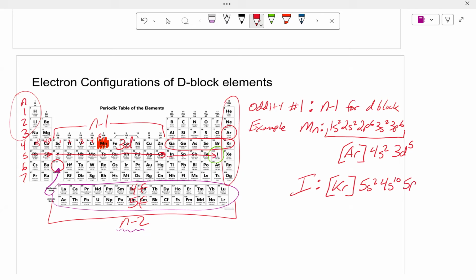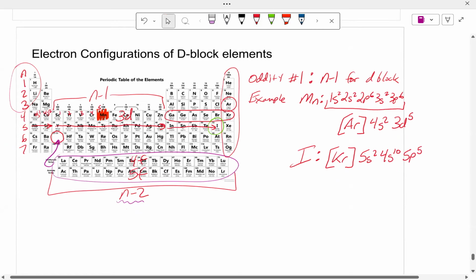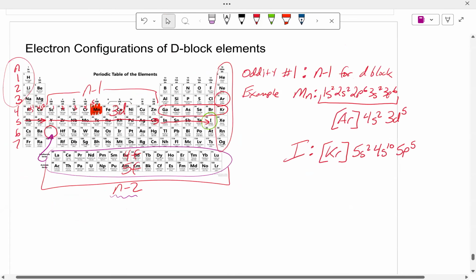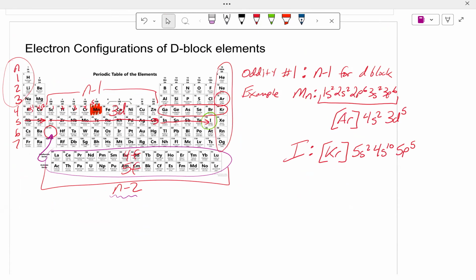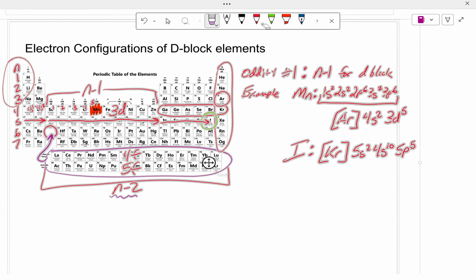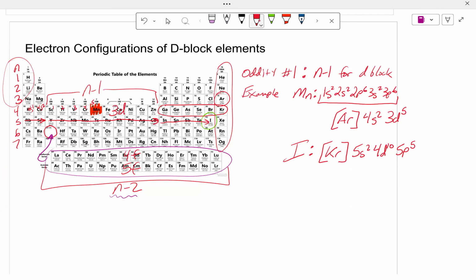So 5p5. Okay, so that's one of the weird things to remember when you're going through the D block: it's always n minus 1 when you're representing the D subshell. And I just made a mistake there. I should say 4D10, not S, 4D10.